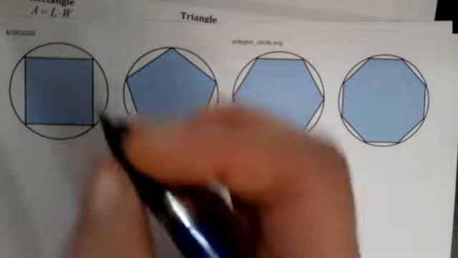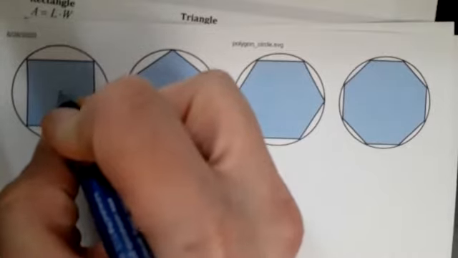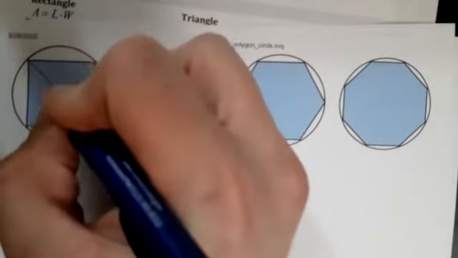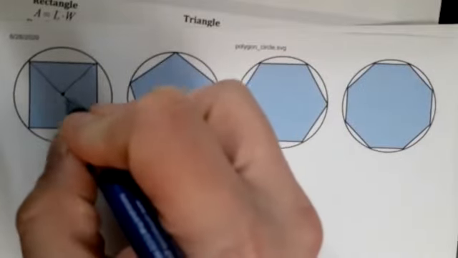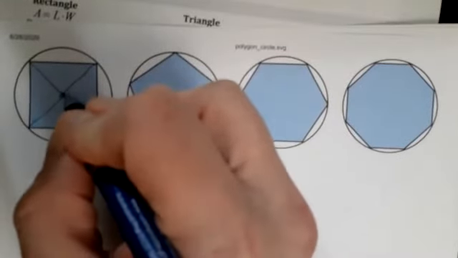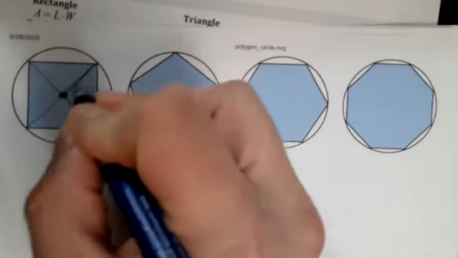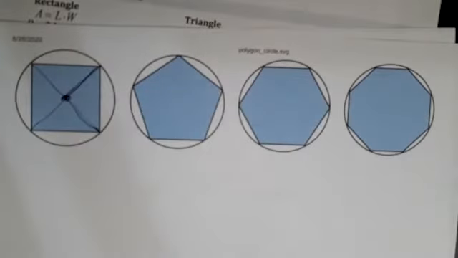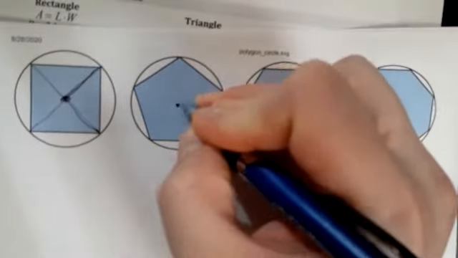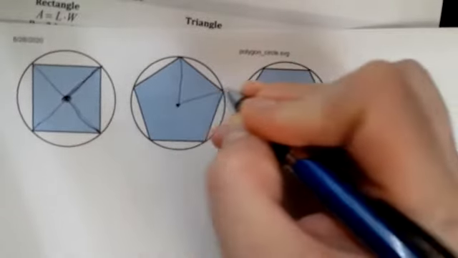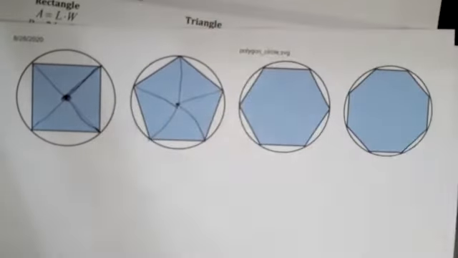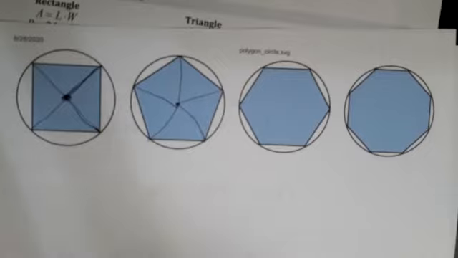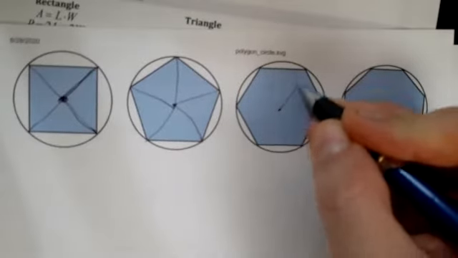But there's an observation that they made that I want to make here. We start out with the four-sided figure. We can do this sort of thing, and we can look at these as triangles. And so the more sides you get, the more triangles you're going to have.